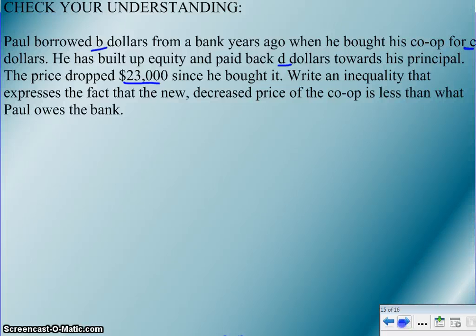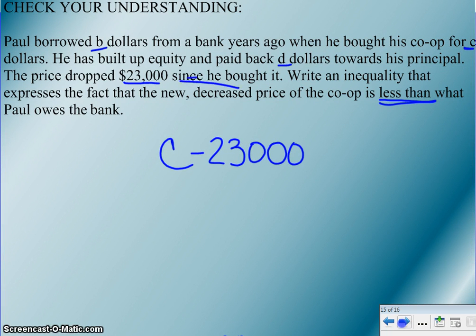An inequality that expresses the fact that the new decreased price of the co-op is less than what Paul owes the bank. So C was the amount that he bought the condo for. And we know that it has now gone down. It doesn't really matter what its price was when it was bought. We know, though, that it's gone down $23,000.